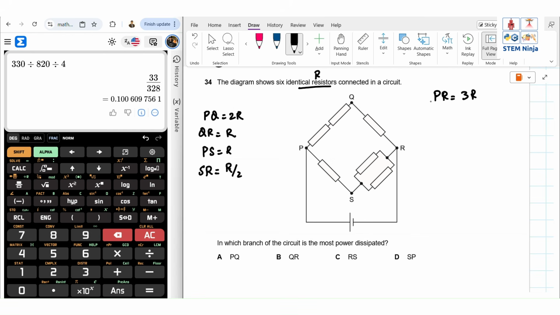But from PQR, we should say PQR. But in PSR, you have R plus R over 2, which is 3 by 2 R. Exactly half of that, right? So this means that more current will flow through. Current in PSR is going to be more than current in PQR.